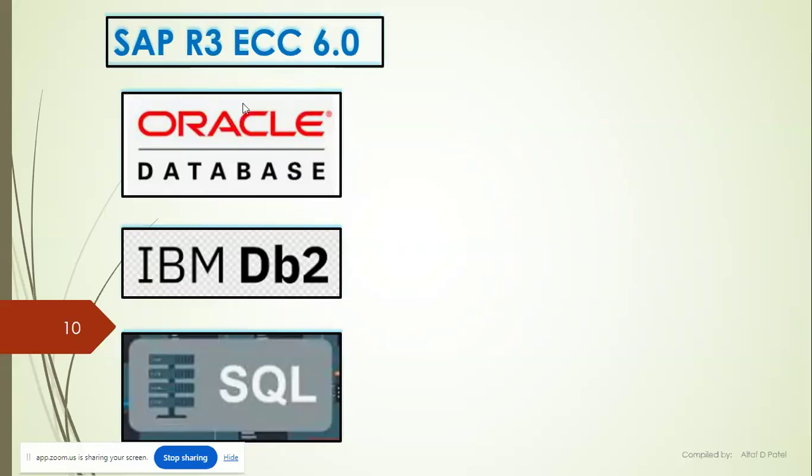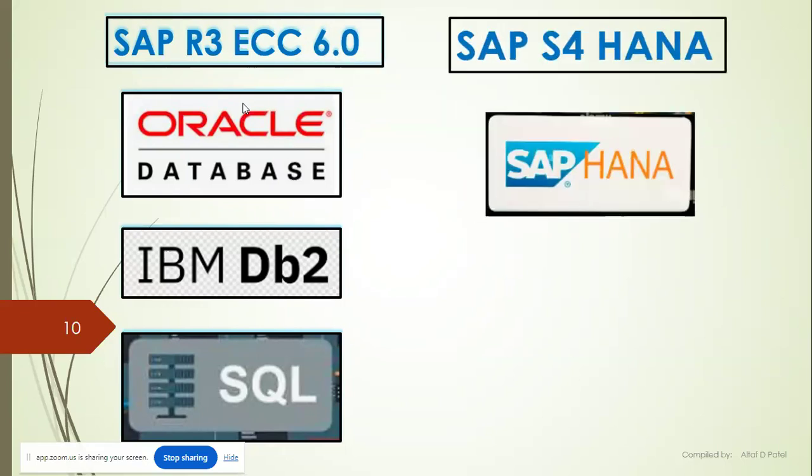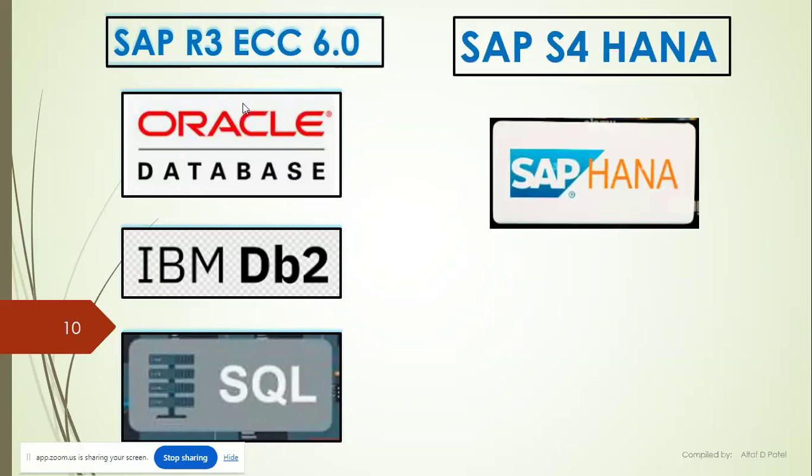So that is why SAP introduced the S4 HANA database. Okay, and from 2015 onwards, for all new purchases it's mandatory to buy HANA. You cannot buy with Oracle or DB2 or SQL.